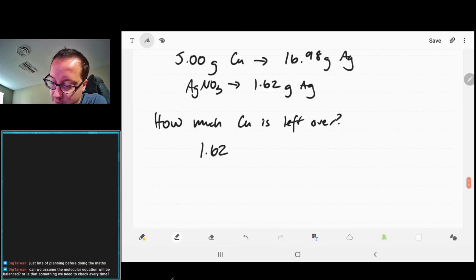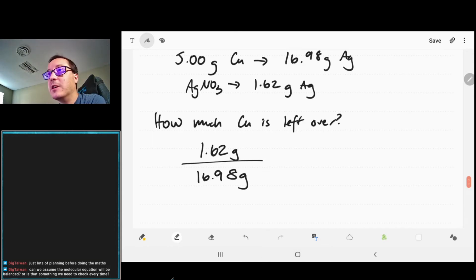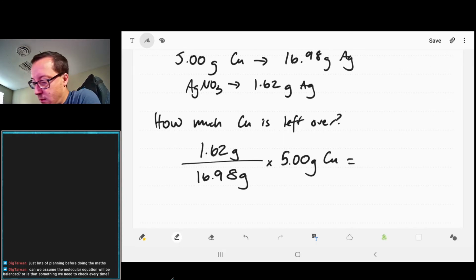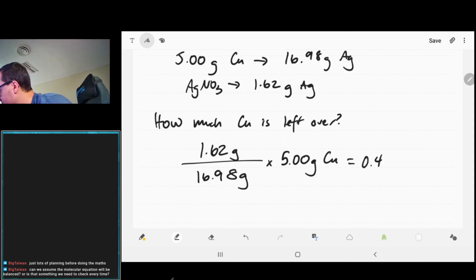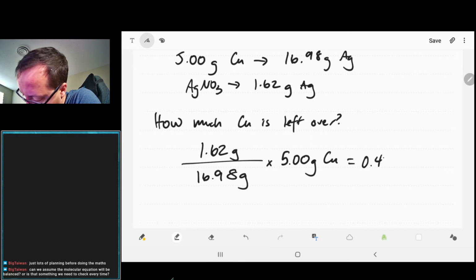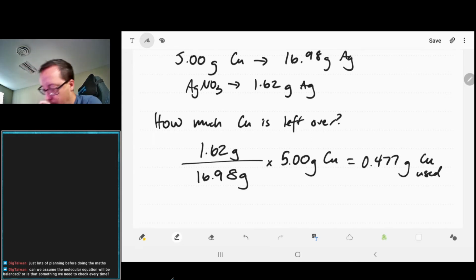We can see that if we actually make 1.62 grams over what we should have been able to make, if we take that ratio combined with what we started, if we just take a look at that real quick, 16.98 times 5, we see that we actually only used up 0.47 grams of our copper.